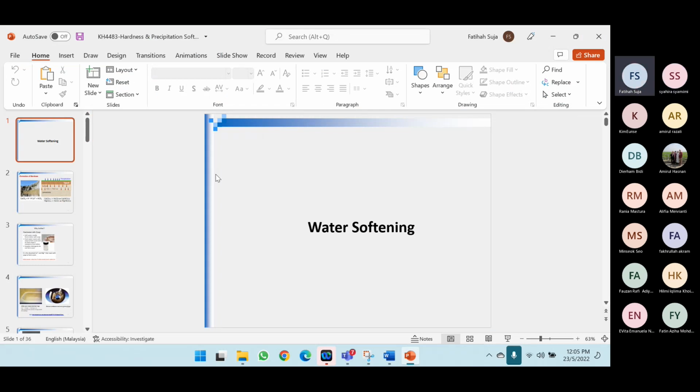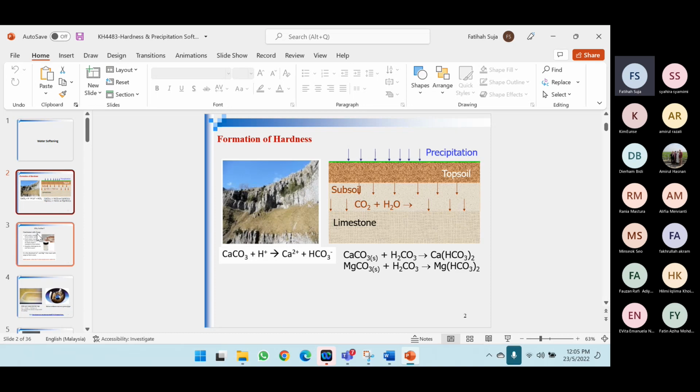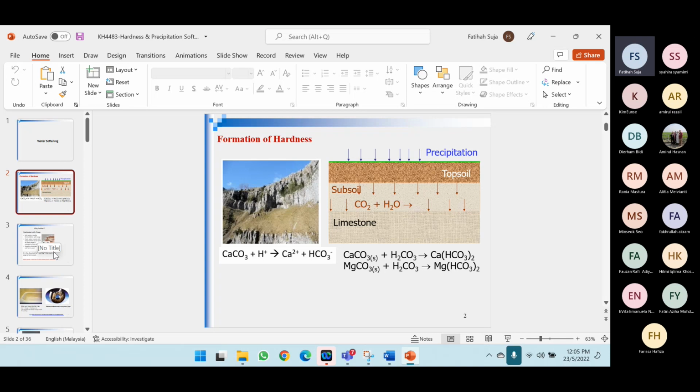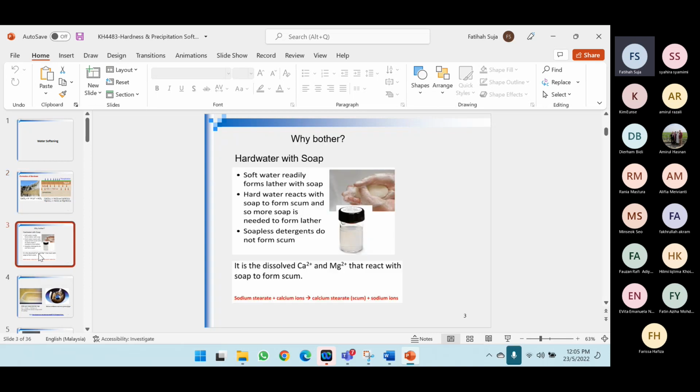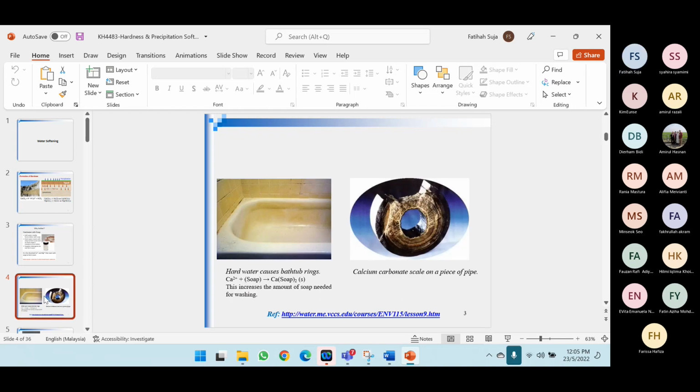Yes, Prof. Okay, so actually last week we have talked about water hardness and also the precipitation system for removal of the hardness. So everyone knows that this parameter, especially calcium and magnesium precipitate or hardness found in groundwater.